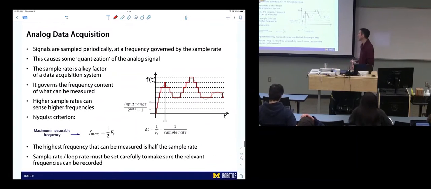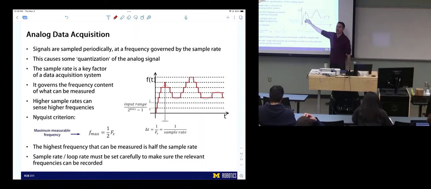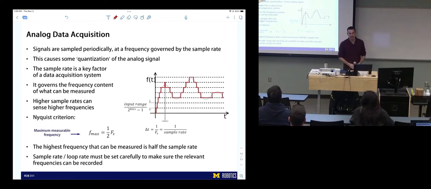This is about sampling. In gray is our analog signal, being sampled by that red line. What's the error between the red and the gray called? Is that aliasing? No, but aliasing is an important concept.